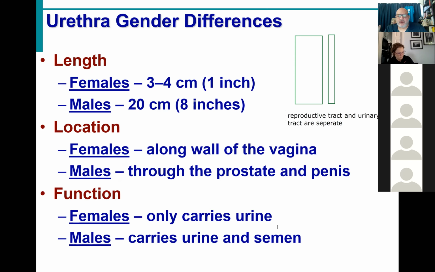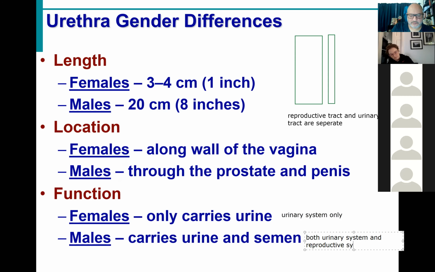So in females, the urethra is in the urinary system only, whereas in males, it is an organ of both the urinary system and the reproductive system. We'll talk about some of the implications of that when we actually get to the reproductive system as well.